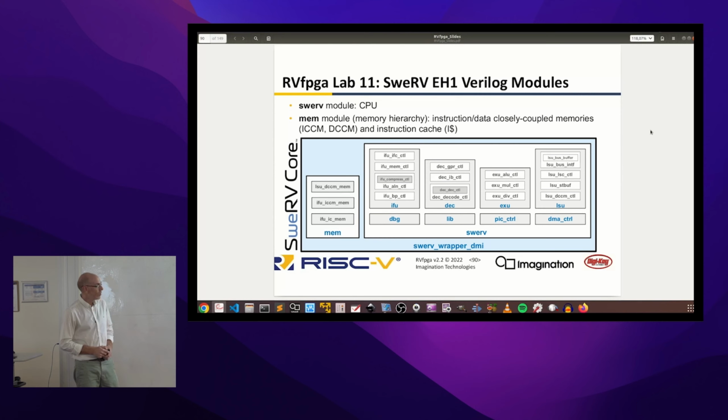One for execution, which includes the different functional units that we have available here, which is an arithmetic logic unit, a multiplier, and a divider, and so forth. As for memory, we have the iCache and two software-controlled memories, one for instructions, one for data. So this is useful in case you want to inspect the modules for the SoC.